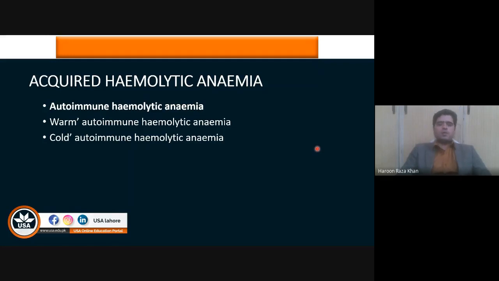Now about the cold autoimmune type of hemolytic anemias. Like I have told you, the main antibodies in these cold types are IgMs. These are the cold agglutinins.